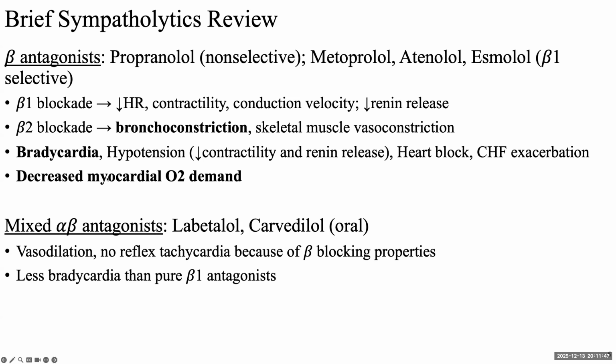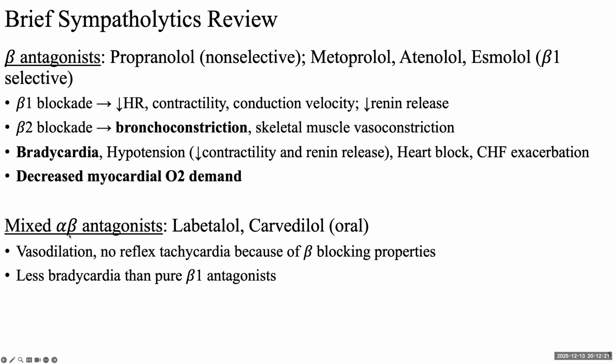So systemically, you'll see bradycardia, hypotension, which is secondary to reduced contractility and maybe renin release. Possible to see heart block, and possible to see CHF exacerbations, again, if you weaken contractility. But the other benefit is you'll see a decrease in your myocardial O2 demand, which is why we commonly use these beta blockers, specifically the beta 1 selectives, in the setting of coronary artery disease.